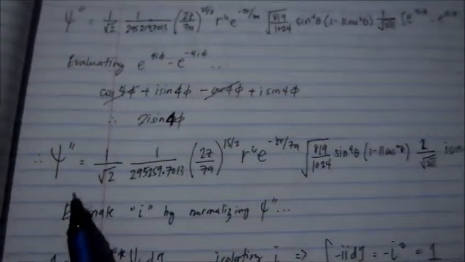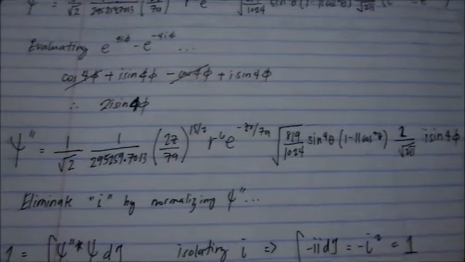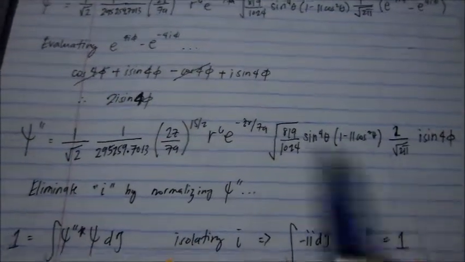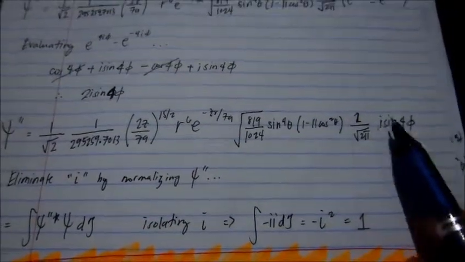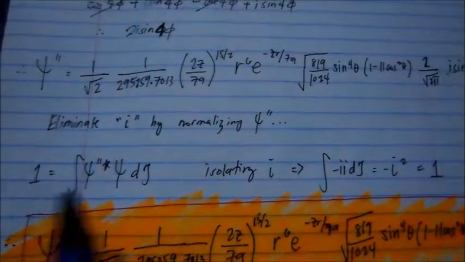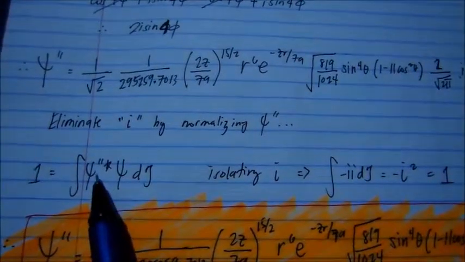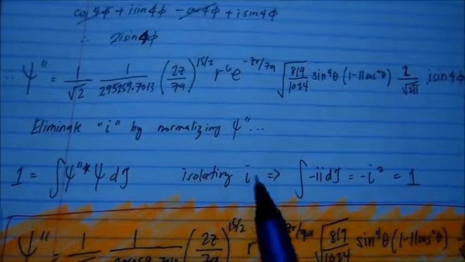So substituting that in the phi function here, we'll get this, but we still have an i term here, so we must eliminate that. We will do normalization again for the psi double prime to eliminate the i.